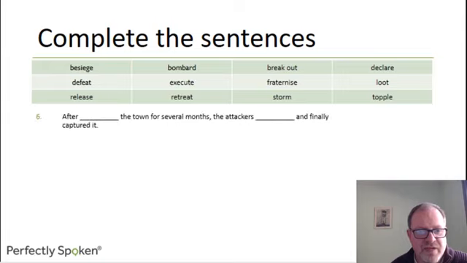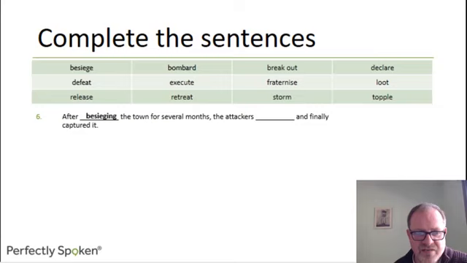Okay, a few more now. After something the town for several months, the attackers something and finally captured it. So if you encircle a town to try to capture it, as in the picture earlier on of Istanbul, this is called a siege, and the verb is to besiege, and in this case it's besieging.